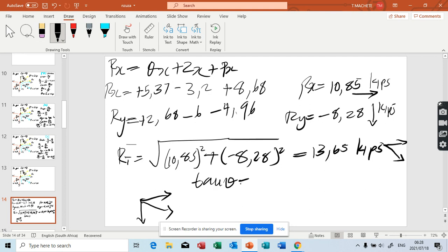Tan theta equals opposite, which is 8.28 over 10.85. That negative theta shows you the direction.